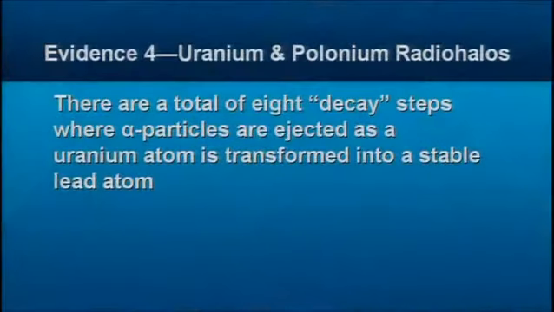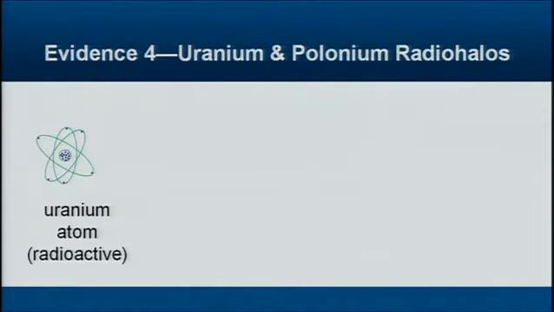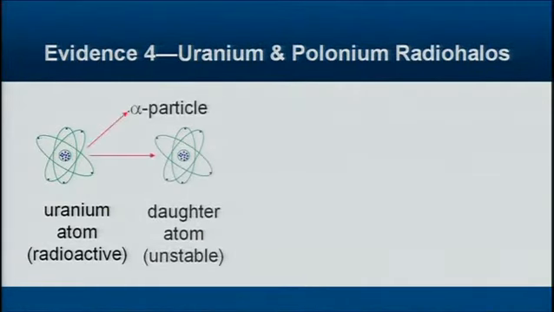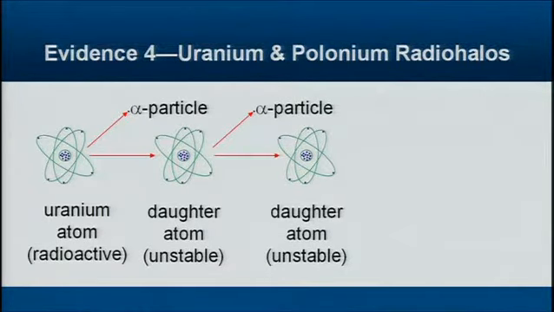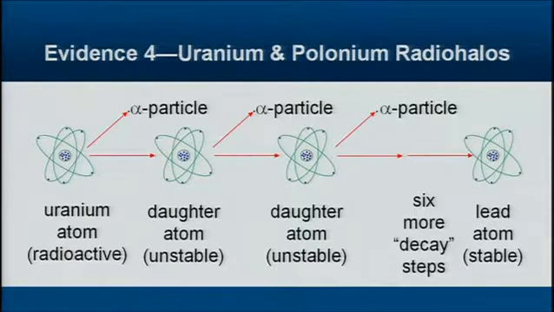It decays again. In fact, to get down to lead, there are actually 8 steps where these alpha particles are spat out like little bullets from the uranium atom to make it more and more stable till it eventually gets down to lead. And so you have here a radioactive uranium atom. It spits out an alpha particle, becomes a daughter atom, spits out another alpha particle, and does it 8 times altogether before it gets to the lead atom.